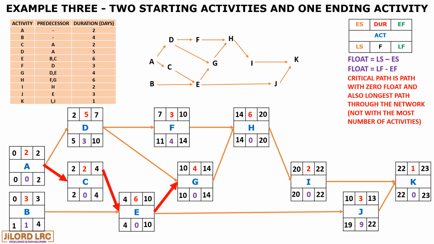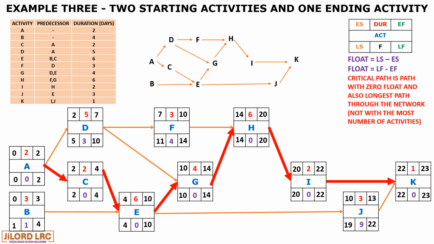Now let's calculate the float for the others. So we have J being 9, and then we have B being 1, we have F and D, F being 4 and D being 3. The critical path is a path with 0 floats and also the longest path through the network.